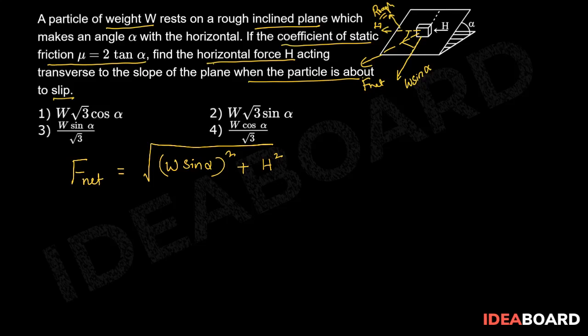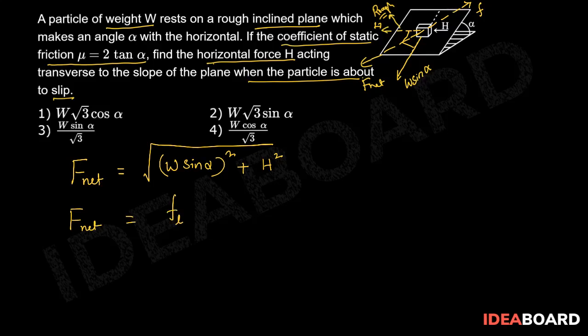Now when the particle is about to slip, this F net force is balanced by the frictional force, which is acting opposite to F net. So F net is equal in magnitude to the limiting friction.